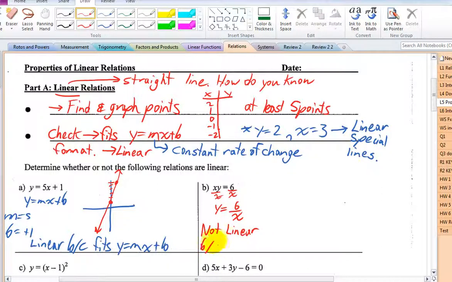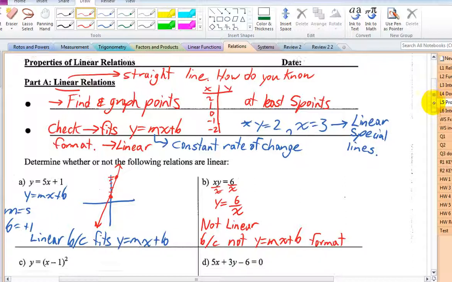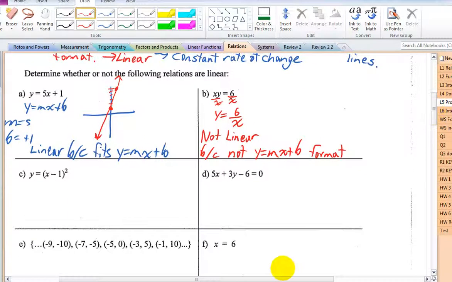And that's because it doesn't fit the y equals mx plus b format. Okay. This one you're going to get a kind of weird, unique graph. We don't need to know what it looks like. It's just not a straight line.